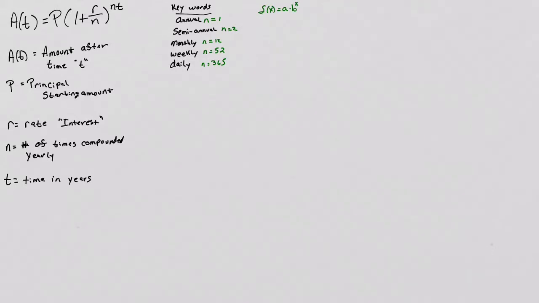In Springboard, they talk about how Margaret won the lottery, and she has $50,000 she's going to initially deposit. So when we go in here and do this, we're going to identify our parts. It says that it compounds annually, so my n is going to equal 1. My p was going to be her first initial value of $50,000.